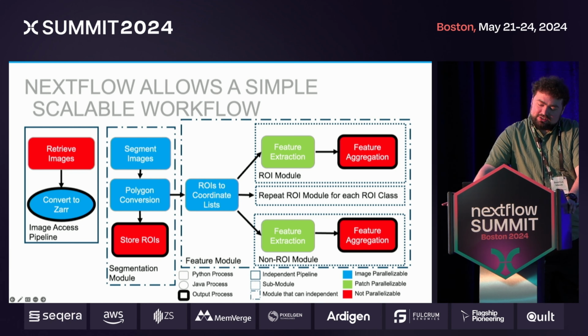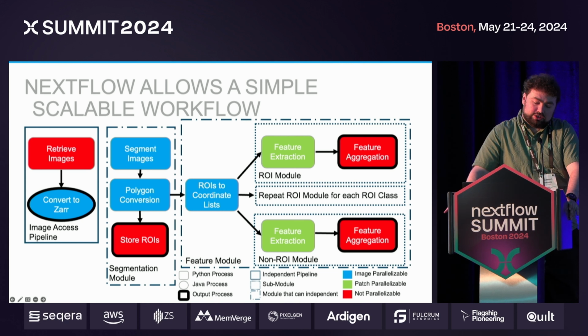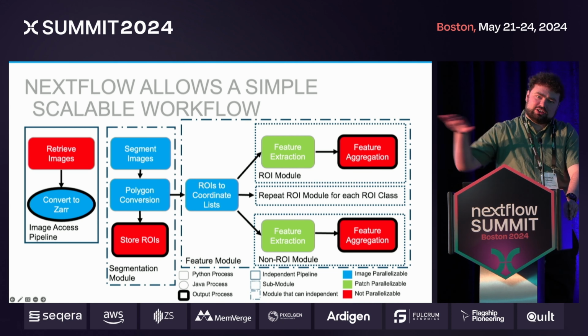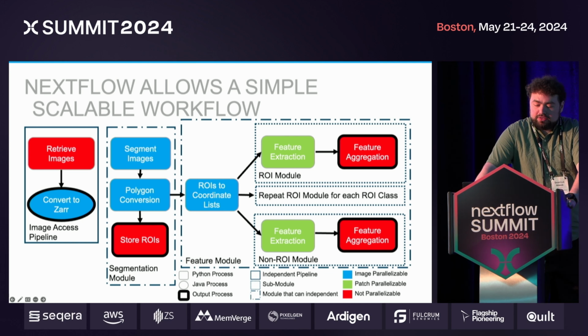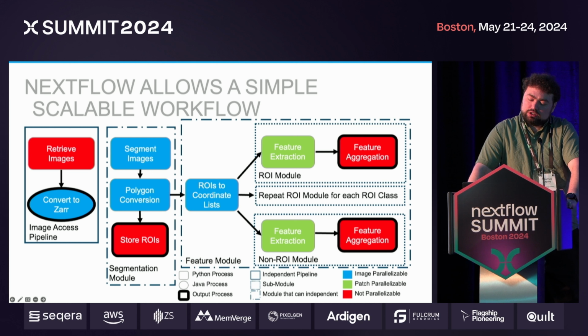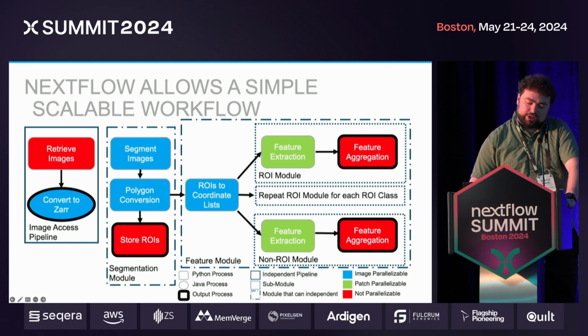So this is a 1,000-foot overview of our pipeline. We grab the images and convert them separately because we actually use those for a number of downstream analyses. Then we do the segmentation, as mentioned before, identify the ROIs, and go over each of the ROIs and extract features.